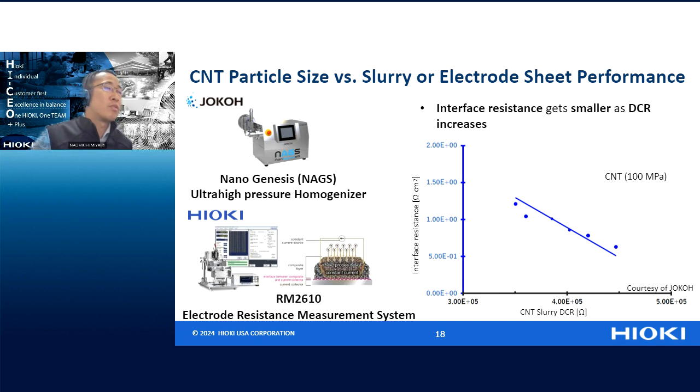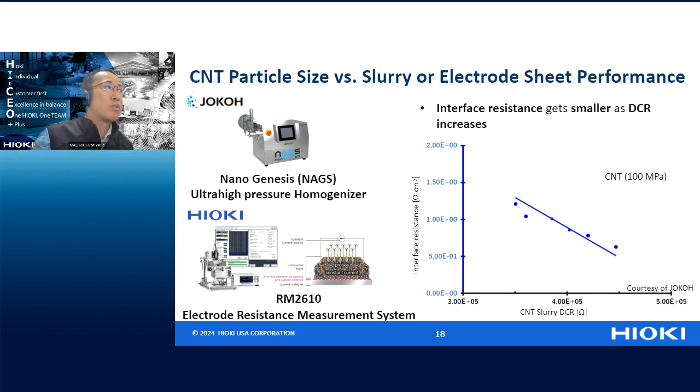RM2610 was used, and internal resistance of the electrosheet was plotted against CNT slurry DCR. So interface resistance gets smaller as DCR value increases.